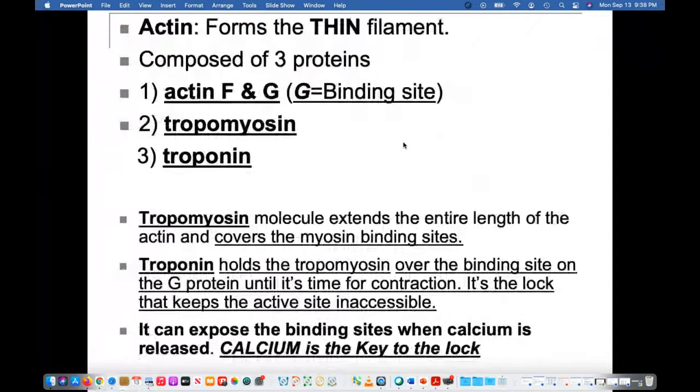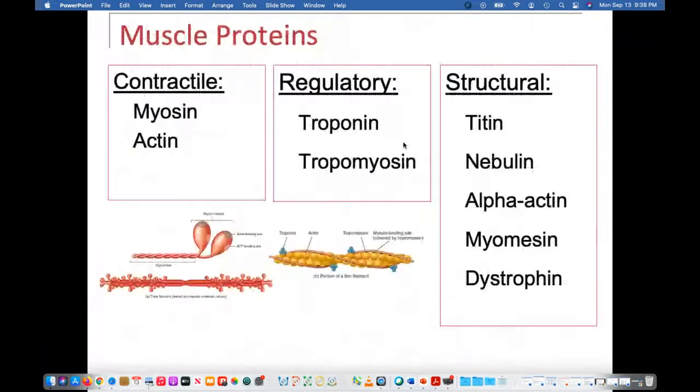So just to review, before we get into this next short lecture, which involves the steps of muscle contraction, what takes place in a muscle contraction, you need to review some basic terminology. You have to review the contractile proteins. You should know that they're actin and myosin.